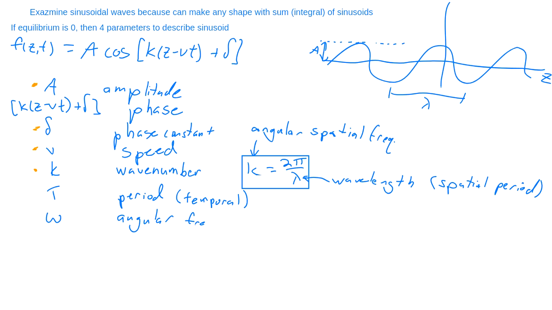And we can relate these to some of the other ones. Omega, we're more used to thinking about a regular frequency. Omega is in radians per second, so that's 2 pi times our regular frequency. I'm going to use a nu instead of an f right there. And another way to write that is 2 pi over our period. So this one right here is the frequency.